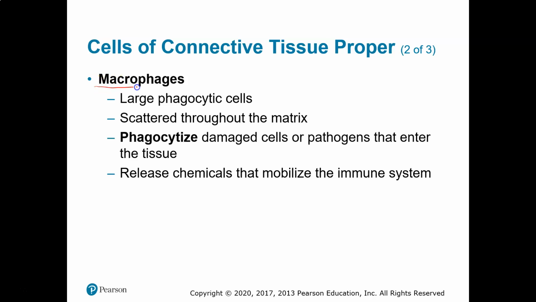Macrophages are large phagocytic white blood cells. They are scattered throughout the matrix of connective tissue proper, and they phagocytize damaged cells or pathogens like bacteria that enter the tissue. They also release chemicals that signal to the immune system to come help fight this infection or problem.